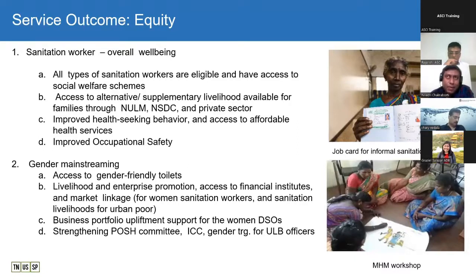Apart from that, livelihood support and enterprise development, lots of things have been done with women from urban poor settlements and sanitation workers. Plus, on demand from the ULB, we are also supporting strengthening the POSH committee, which takes care of sexual harassment at the workplace. We are training and strengthening the committee so that they can exercise their power.